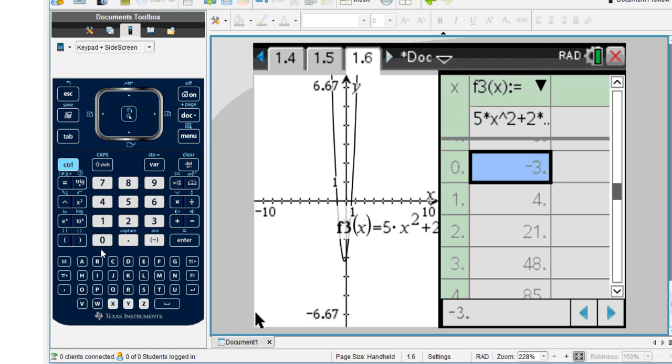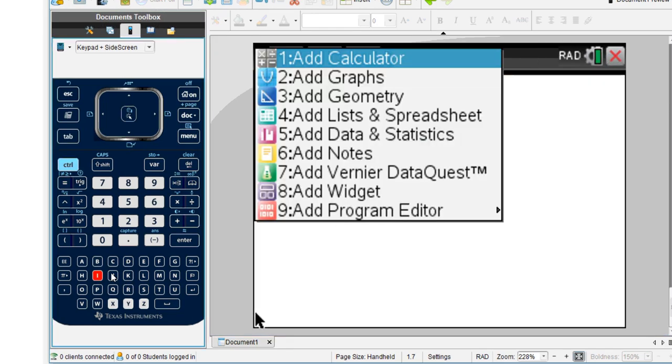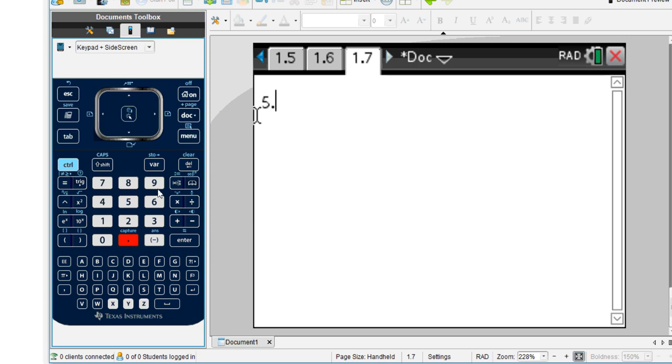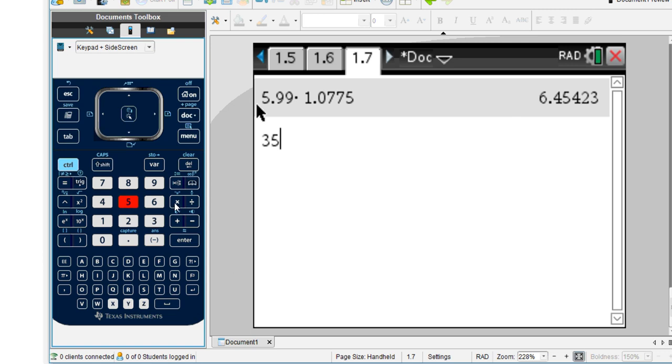So $5.99 times 1.0775, we get that, and we're going to take 35 times 1.0775, we get that.